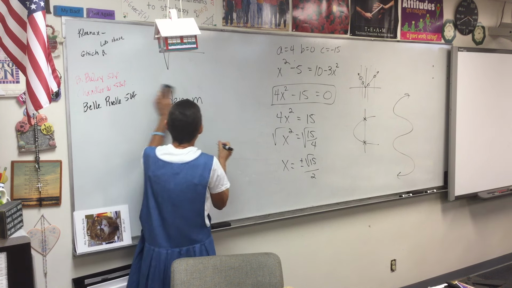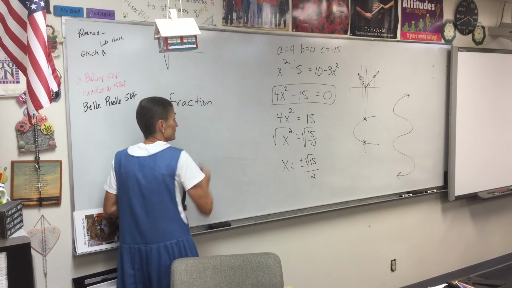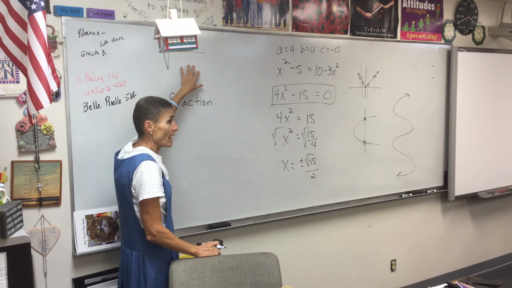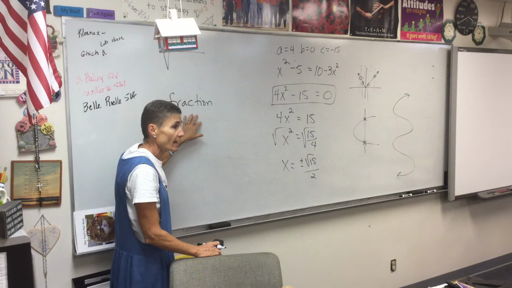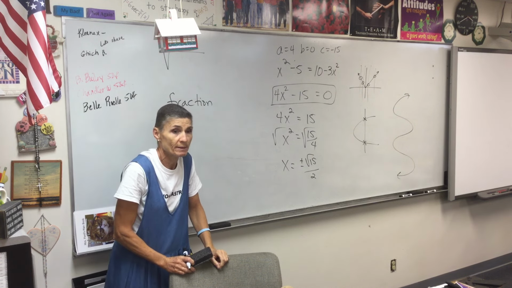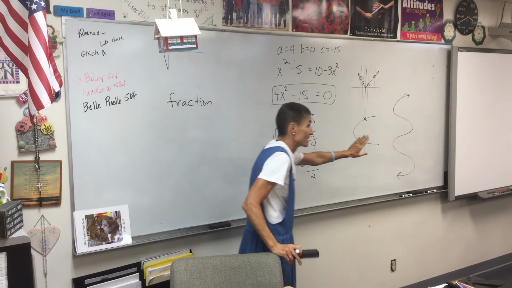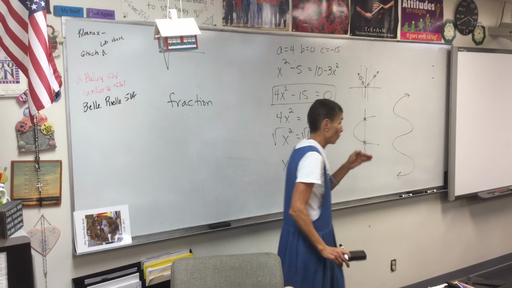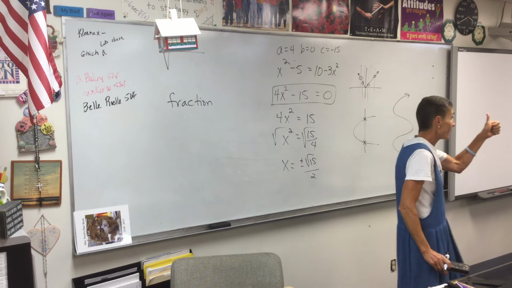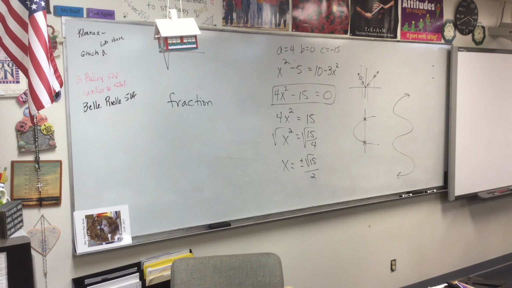So in other words, it's a fraction. If your function does not have a radical and it does not have a fraction, then almost always its domain is going to be all real numbers. Not always, but we'll talk about the exceptions as we get to them. For now, no radical, no fraction, no problem. All real numbers.